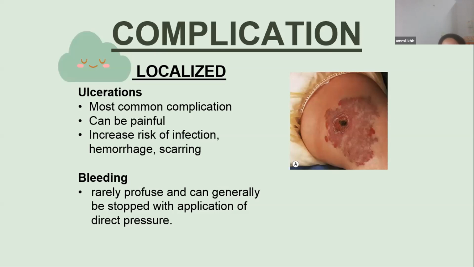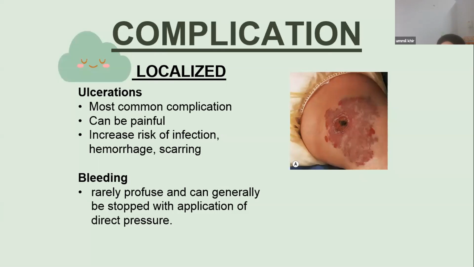Okay. The first one, I talk about complications from localized hemangioma. Most localized hemangiomas are uncomplicated and require no intervention. However, some lesions may ulcerate, leading to pain, bleeding, scarring, and infection. Okay. The first complication is ulceration.